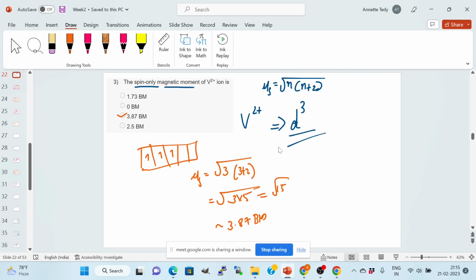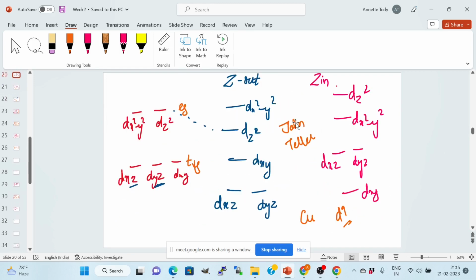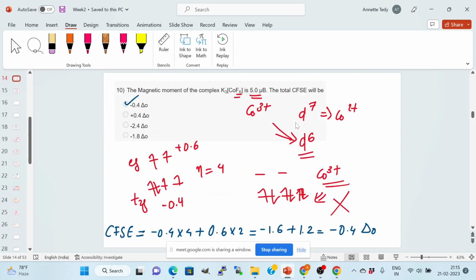This one, magnetic moment of V2 plus ion. This one, magnetic moment of the complex K3CoF6. Okay, I'll explain. So, the complex is K3CoF6. Do you know how to calculate the oxidation state?